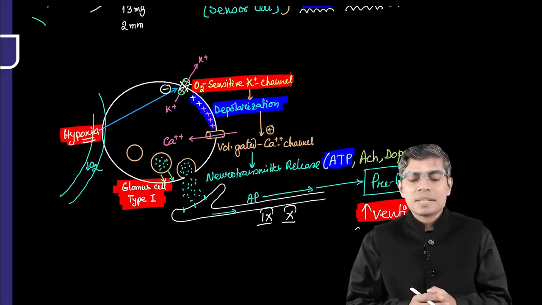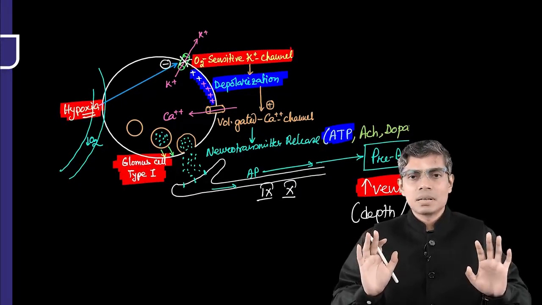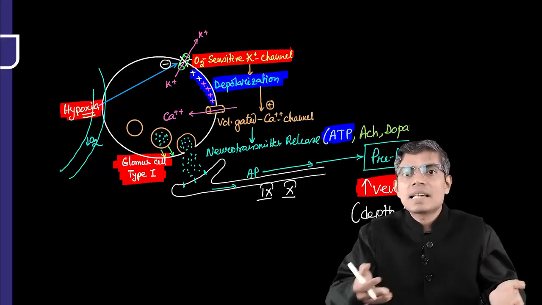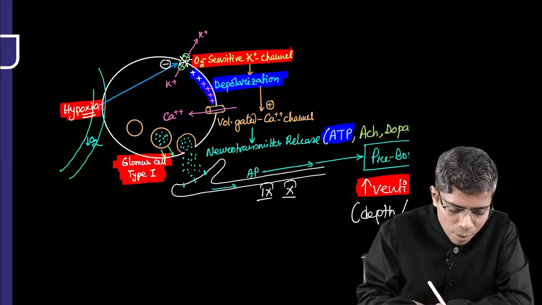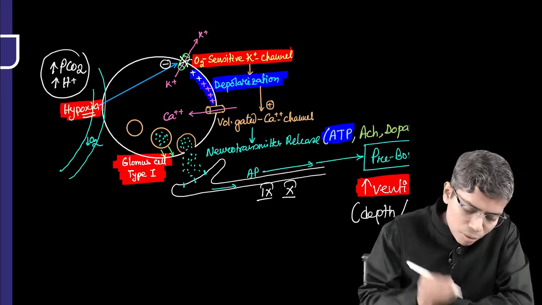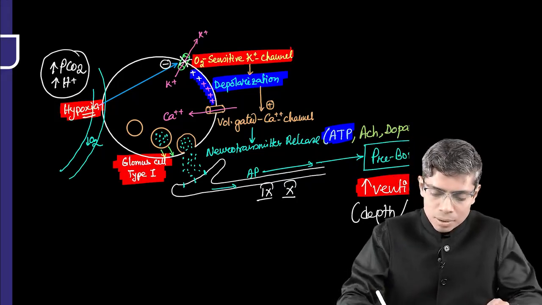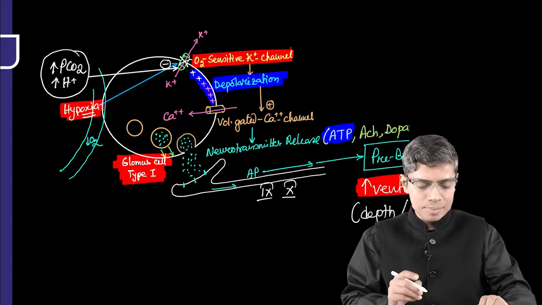Now if I ask you, sir, now I can understand how hypoxia is stimulating the glomus cell, how do hypercapnia and acidosis also do the same thing? Whenever you think of hypercapnia and acidosis, they also cause closure of the same channel, that is the oxygen sensitive potassium channel.